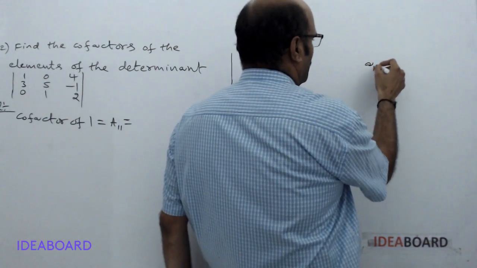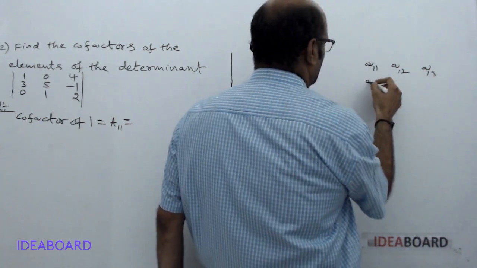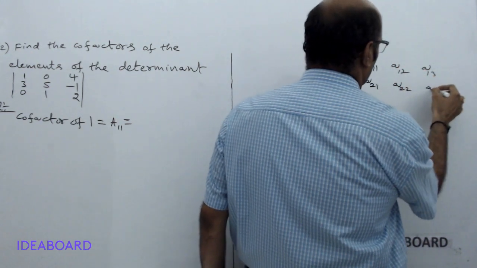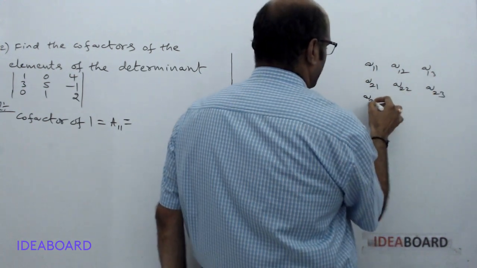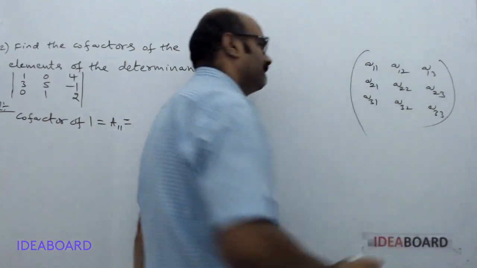Here we can take a 3 by 3 matrix: A11, A12, A13, A21, A22, A23, A31, A32, A33.